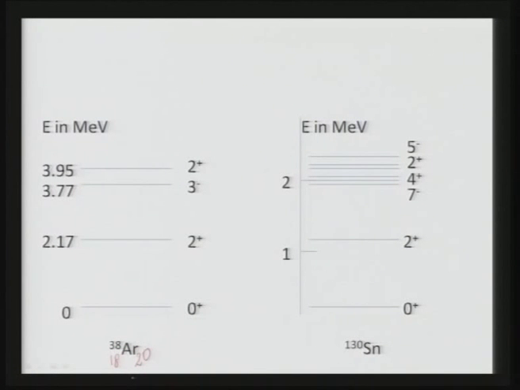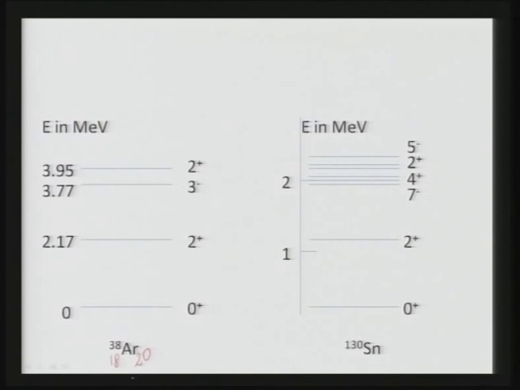So that neutron shell will be completely filled, and you will have 2 fewer protons in the last energy level. Remember this. Then you have 0 plus, the first excited state at 2 plus at 2.17 MeV, then 3 minus, and yet another 2 plus at 3.95 MeV.